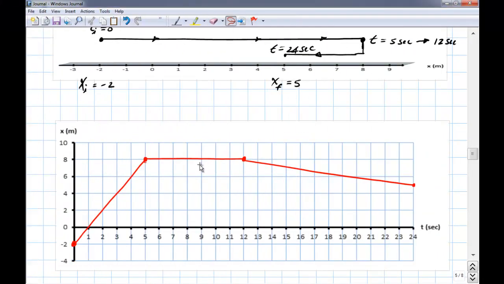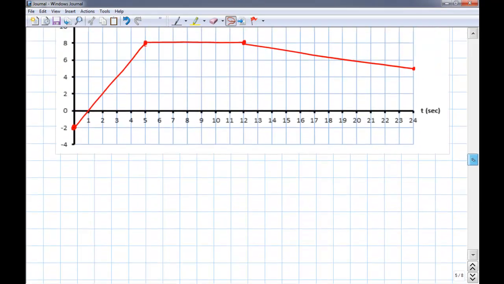We will now analyze various aspects related to this journey in multiple parts. In part A, we would like to evaluate the total distance traveled.